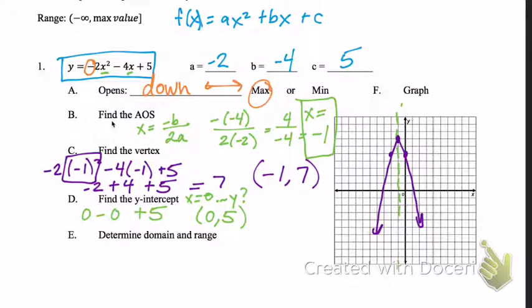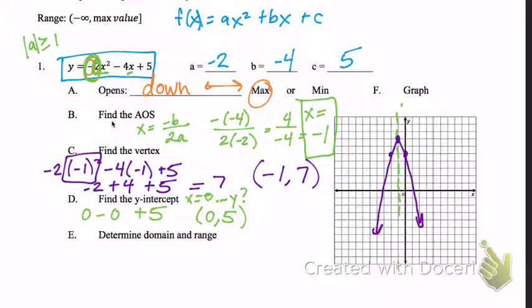Another thing that is helpful when you're plotting points, and this only works sometimes, so I'm going to say it, but I want you to make sure that you don't take it all of the time. Anytime that you have an a value that is essentially a vertical stretch, so the absolute value of a is greater than or equal to 1, you can go from your vertex and use that as a slope 1 x value away.